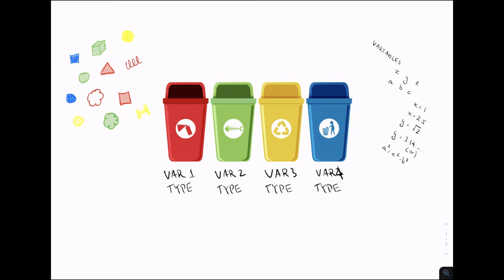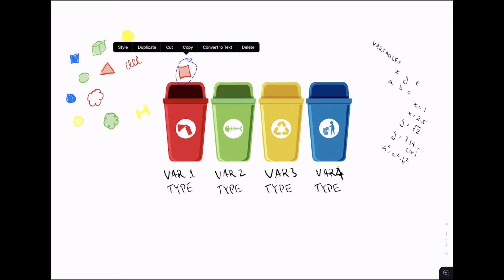Usually the blue bin is the recycling bin, but in this case it's a bit different. And off to the left here, I have a whole bunch of items. You can consider them pieces of garbage, but the idea is that they can only go into the bin that they belong, and each bin can only hold one at a time. So I can take this and put it into the red bin, okay?